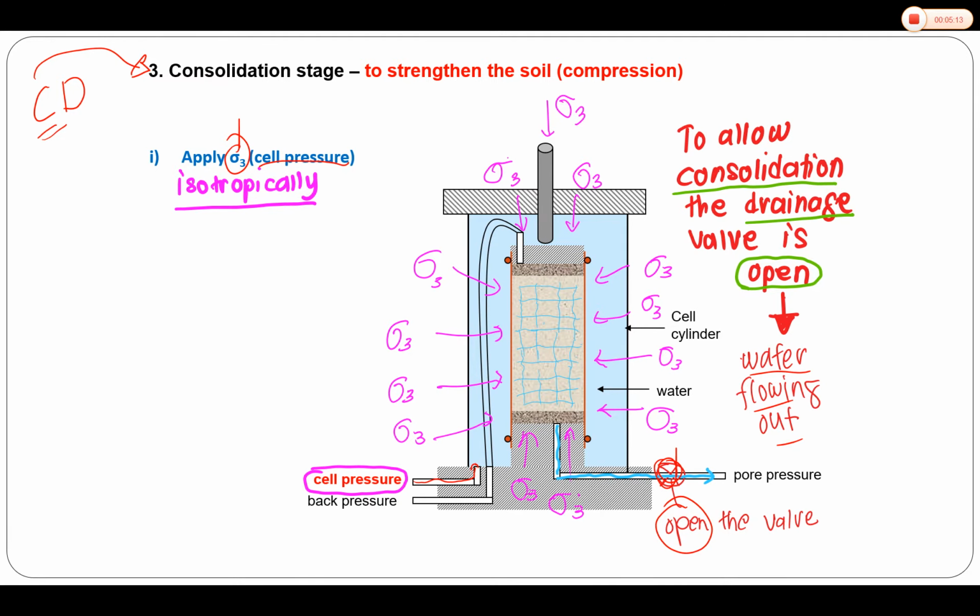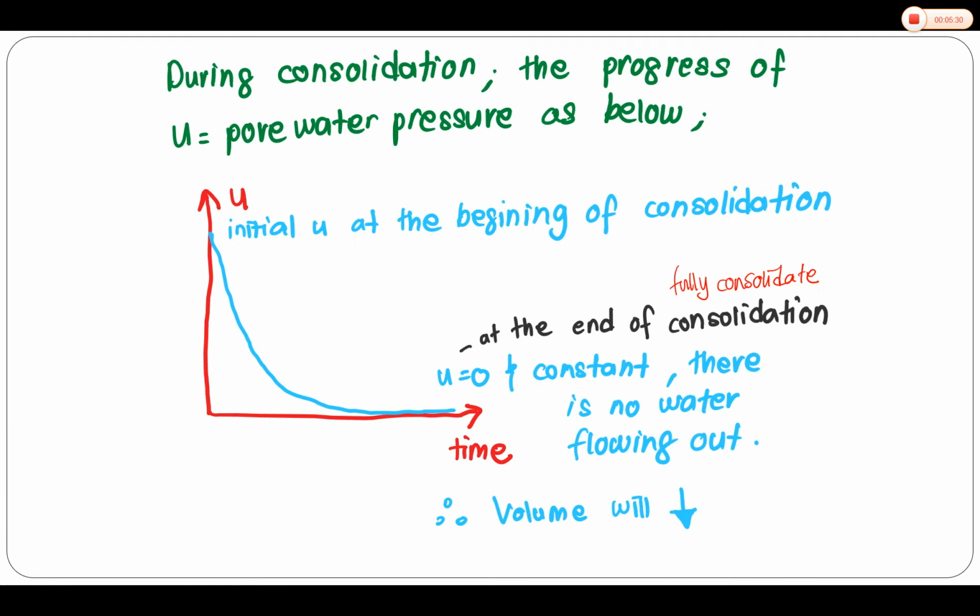Okay, alright. So we need to monitor the movement of the pore water pressure, because before we proceed to the shearing stage, we must achieve the constant consolidation stage, and the indicator is based on the pore water pressure. So let's say we have U over the time here. Initially at the beginning of consolidation, U ni dekat atas.